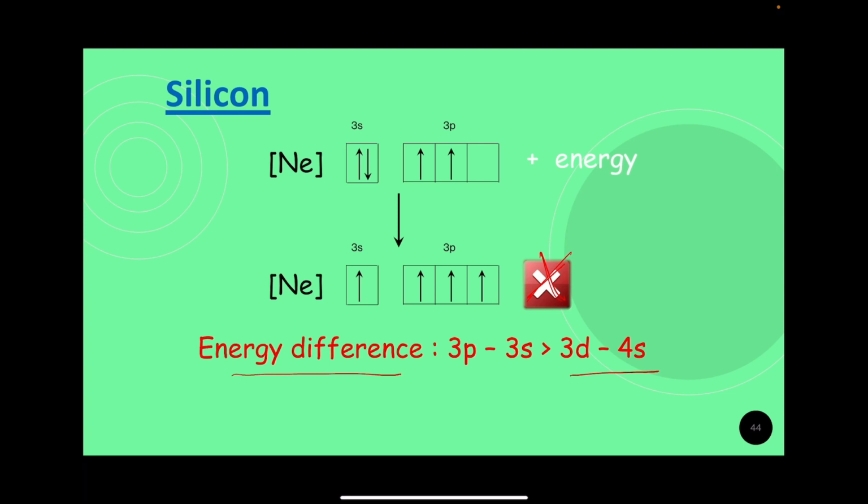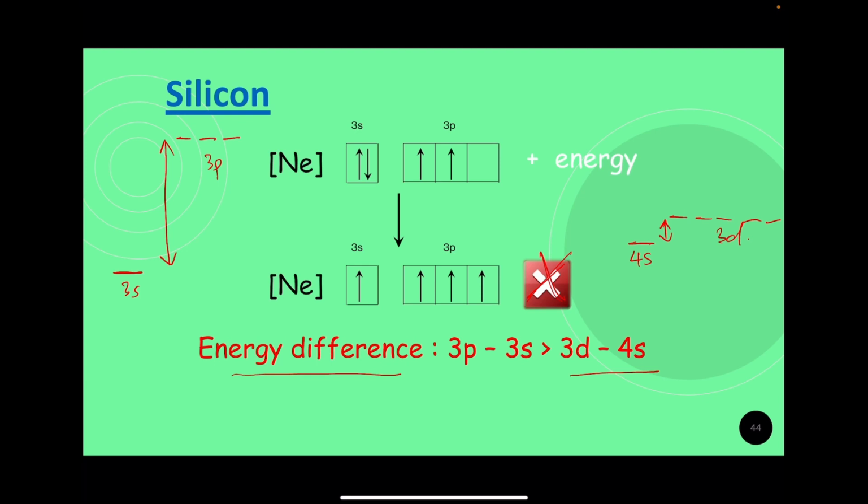Okay, I can give an example of the energy differences. For example, this is the 3s orbital and this is the 3p orbital. Compared to 3d and 4s, this is the 4s orbital and this is the 3d orbital. This is what we call the energy difference. Between 3s and 3p the difference is very large compared to 4s and 3d. That's why the rearrangement of electrons between 4s and 3d can happen to achieve a half-filled or full-filled orbital only.